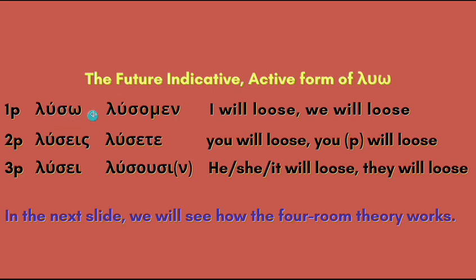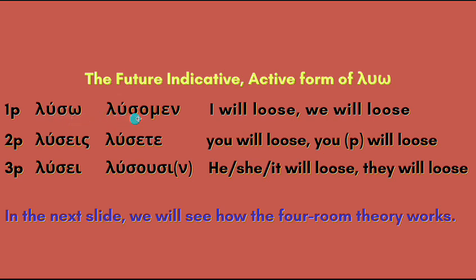So how do I know this is a future? Because of the presence of the sigma as a sign of tense. It's telling me this tense is a future tense. Of course, I need to work on the stem and the ending. So I see there is an addition of the sigma, which indicates this is a future tense.